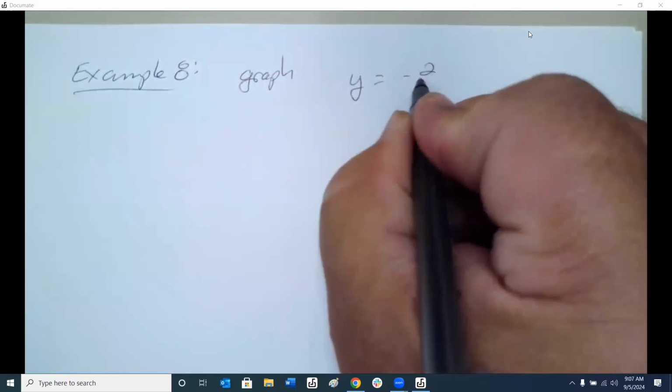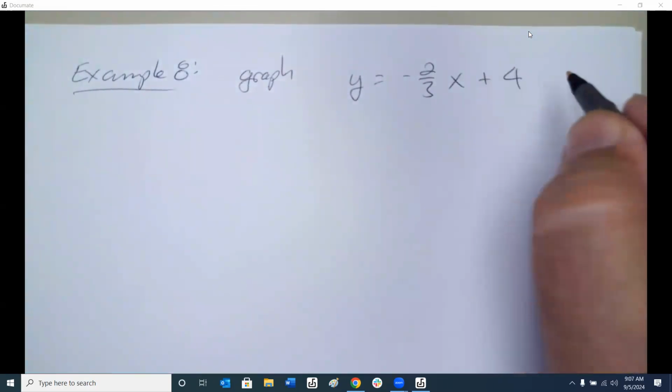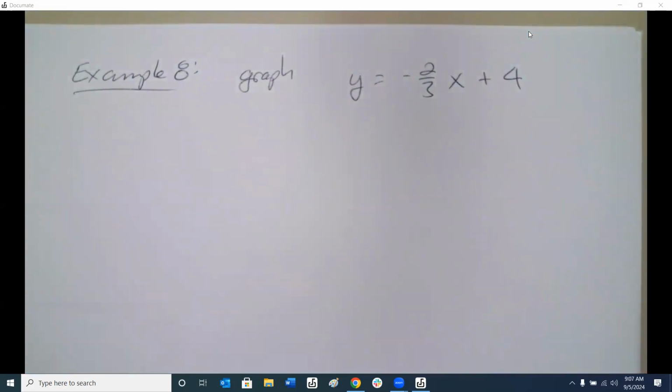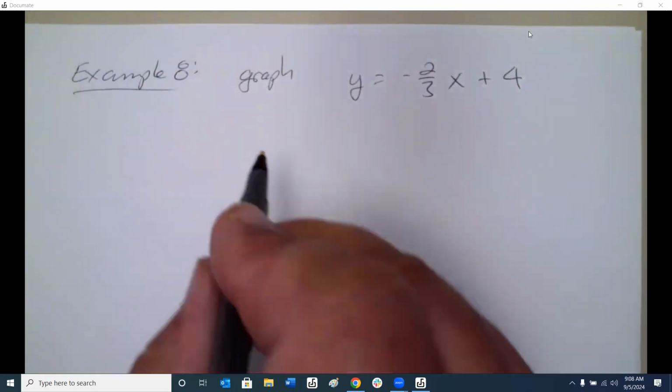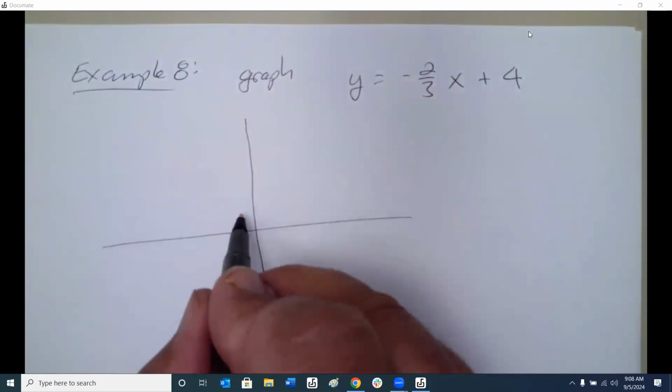Graph this equation. So what's the first thing I gotta do?